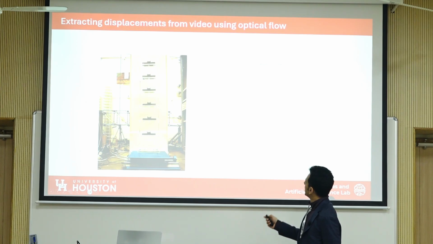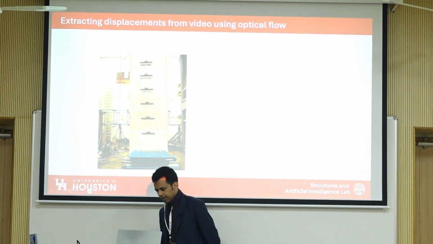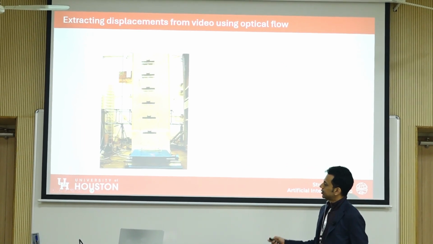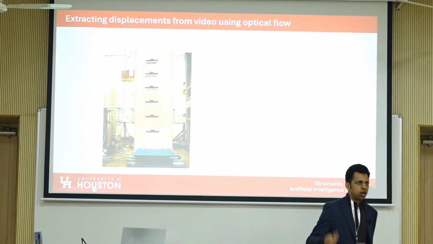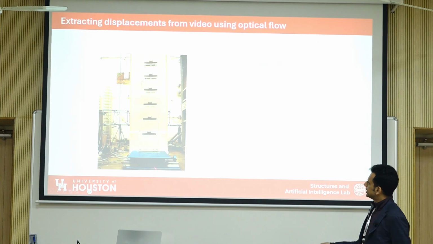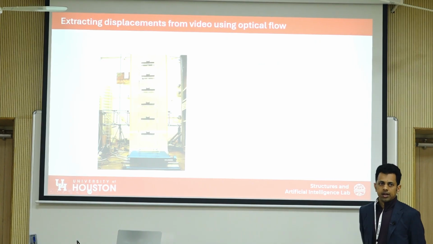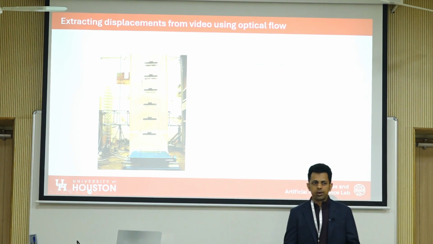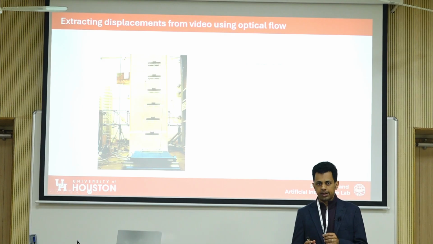at the bottom. This plot is not very clear. I don't know why. But you can see the structure that's on top of the shake table and it's vibrating. And you can see yellow boxes around each of these stories. What I've done here is, using a DSLR on a tripod, I've just taken a video of the structure that's vibrating.